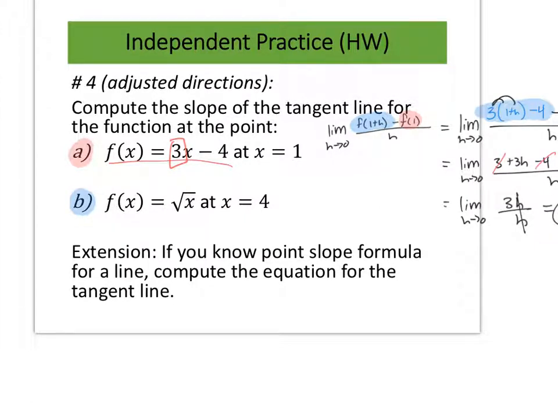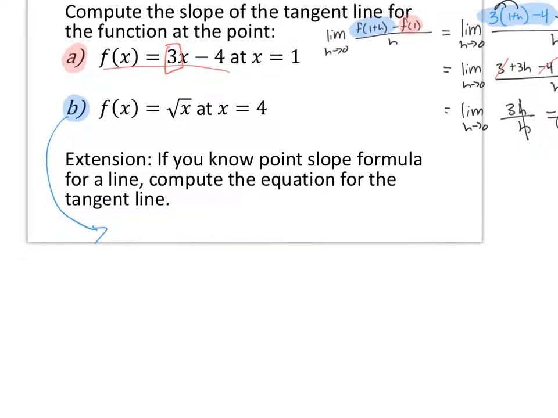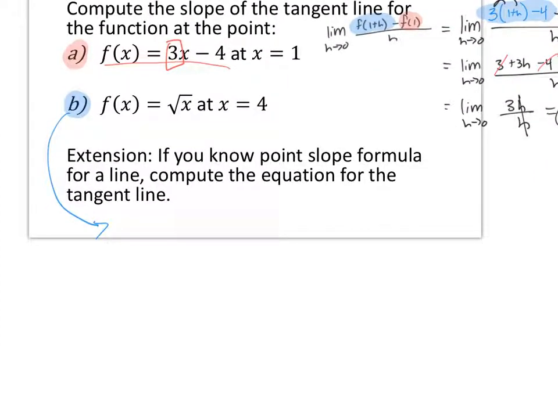We'll do B really quickly right down here. It is a little tricky. There is a trick to it, so I want to make sure that you have access to that trick. We're going to evaluate the limit at 4, so the limit as h approaches 0 of f of a plus h minus f of a over h, and we're going to say it's not a, it's 4.